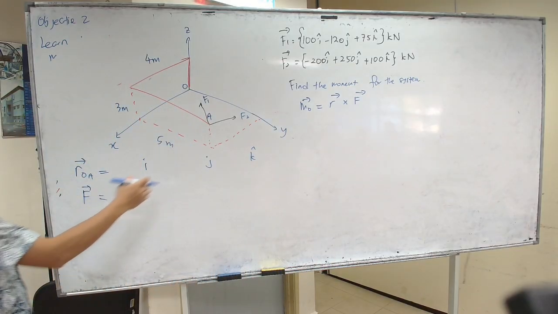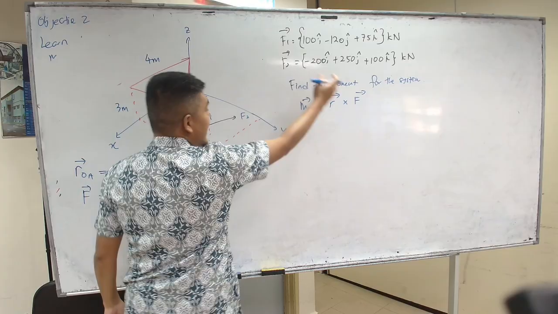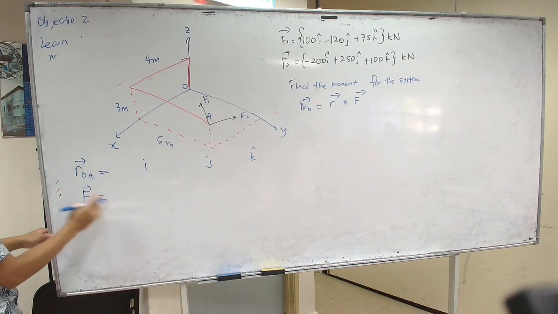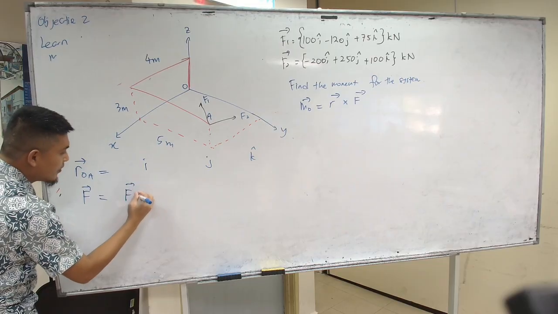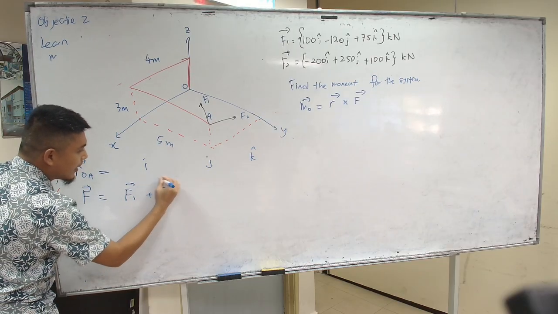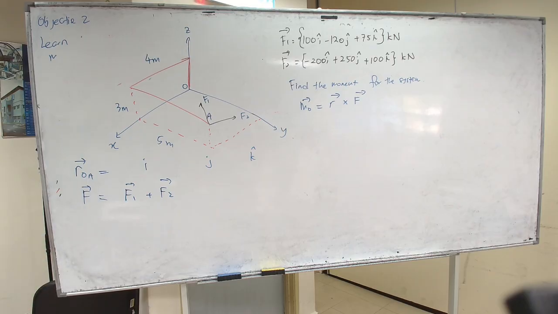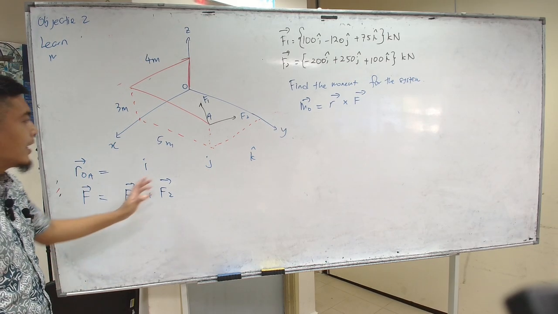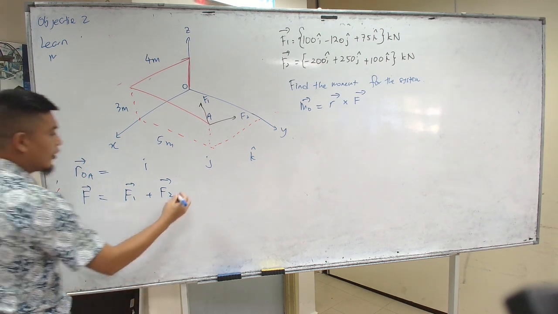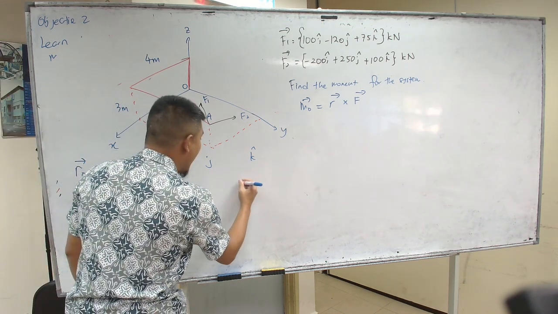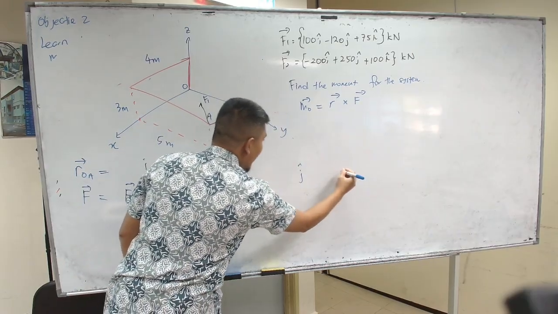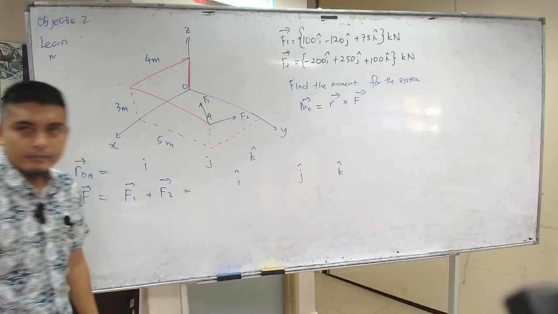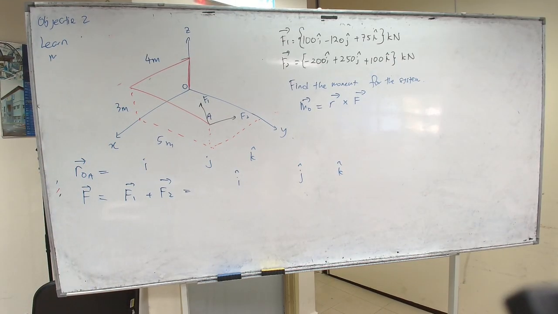Since both forces are in I, J, and K, for the force you just put F1 plus F2, because it is already in I, J, and K. So you can find the total force F1 plus F2. This is why you should also convert to I, J, and K. We have 3 minutes more.